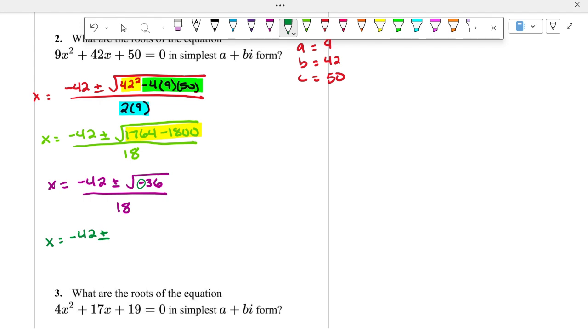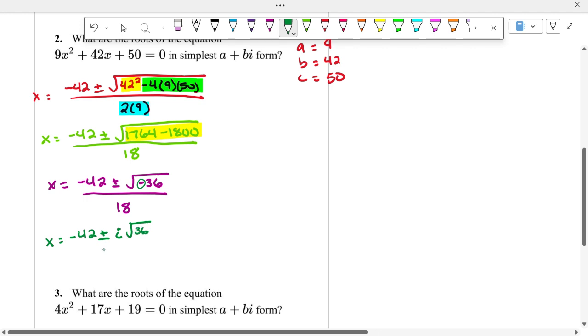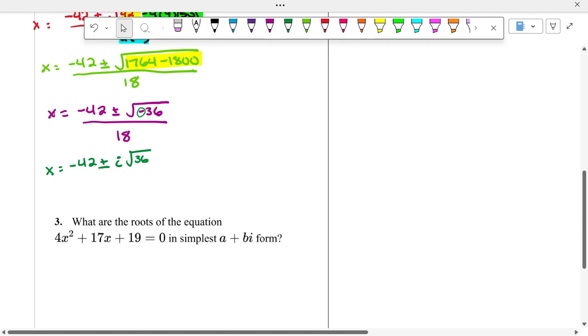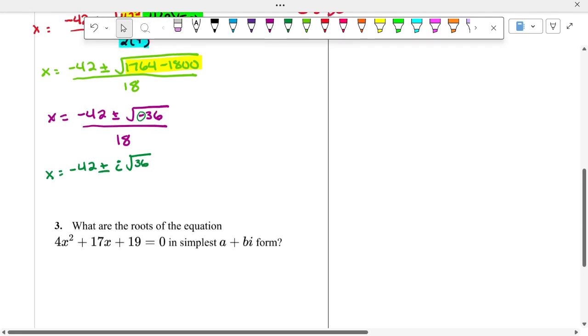It's being negative, meaning you want to fight it, and you're going to start by taking its i out. So I'm going to take out the i, and I'm left with the square root of 36. You cannot forget about i. If you have a negative under the radical, you're pulling an i out. All over 18.